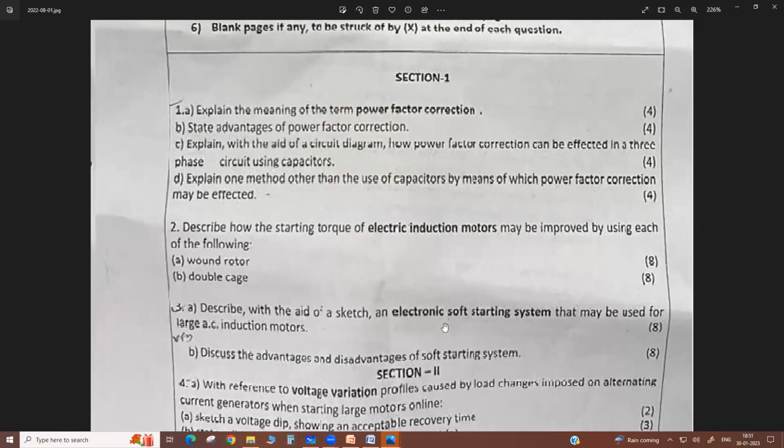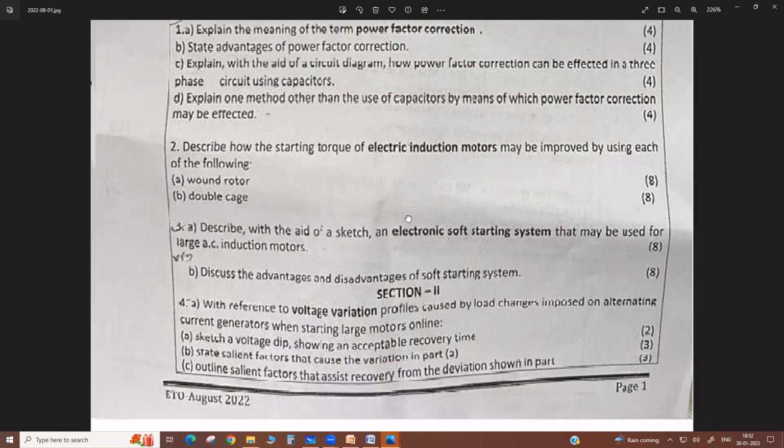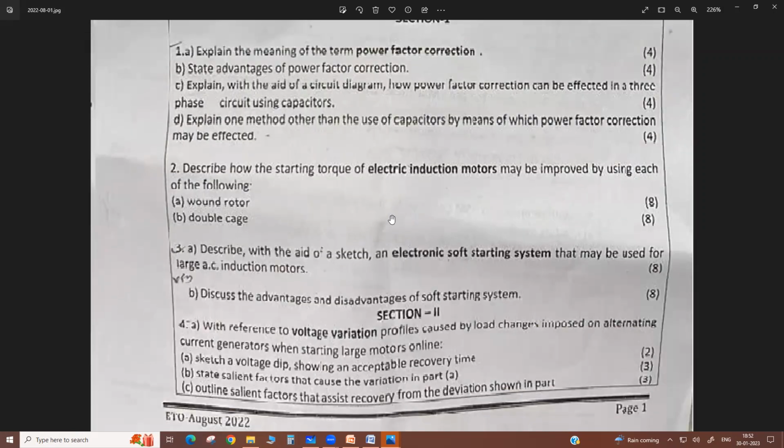The soft starter question also you consider in motor. Describe how the starting torque of an induction motor is improved by using wound rotor, double cage rotor. So this is also a question. And soft starter, advantages of soft starter. So add this question also in this.